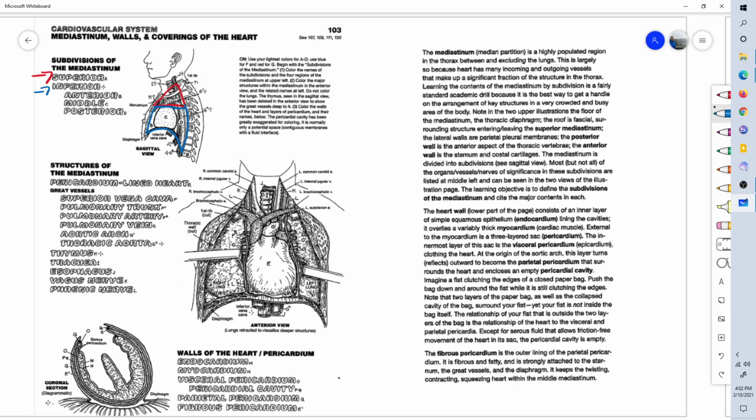And the inferior is divided into three portions: the anterior, middle, and the posterior.